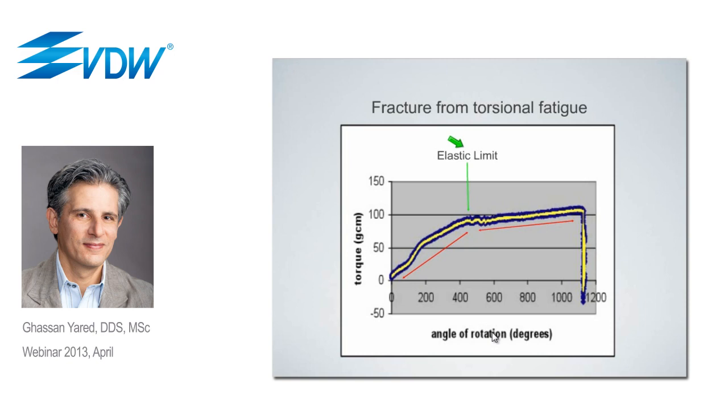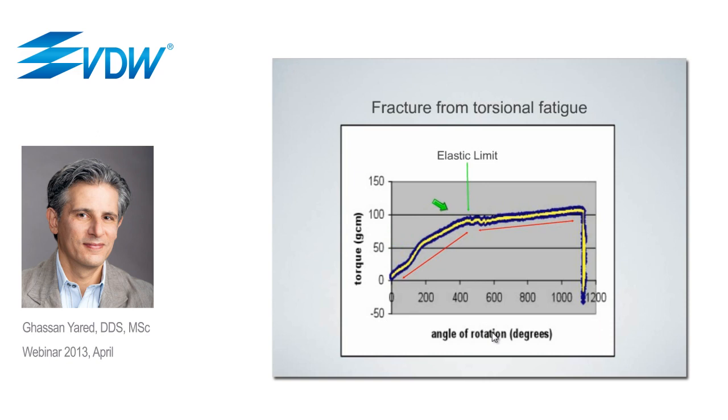irreversible. However, if the instrument rotates to a degree when it is binding lower than the elastic limit, which is in this case at 400 degrees, the changes will be reversible. And the reversible changes happen only in the elastic phase.